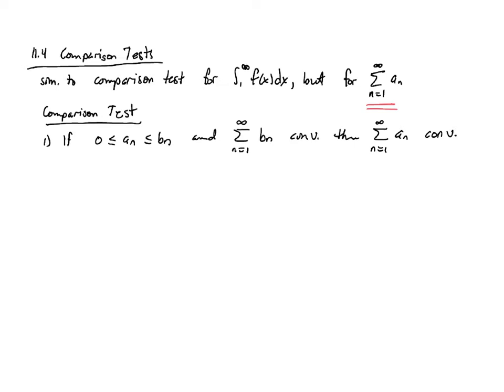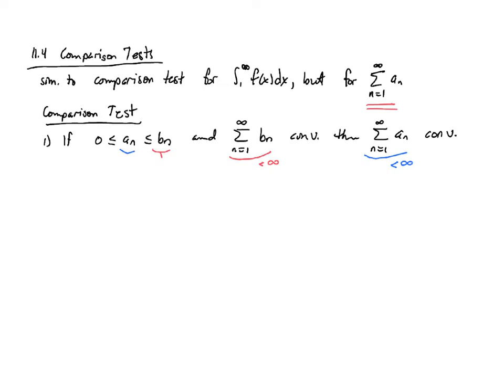And again, similar to the comparison test for improper integrals, the point is that if this series converges, that's saying that I have something that's less than infinity here. And so if when I add up all of these terms I get something less than infinity, then when I add up all of these terms, I should also get something that's less than infinity.